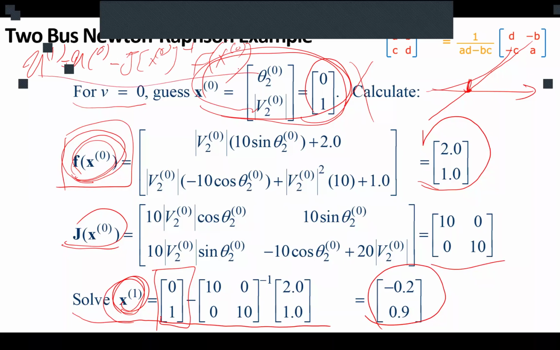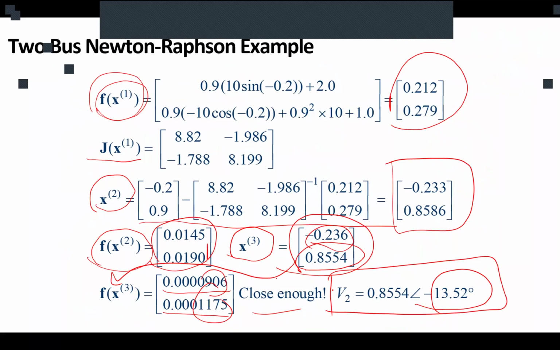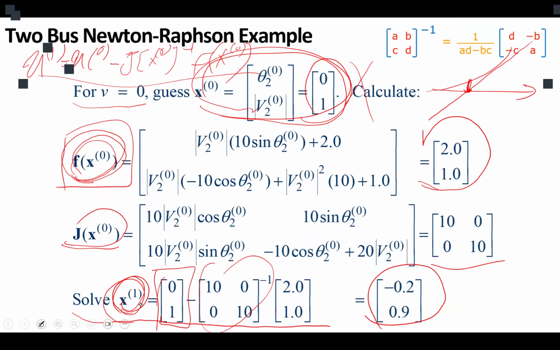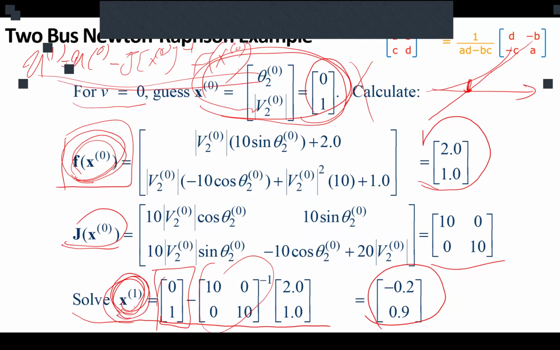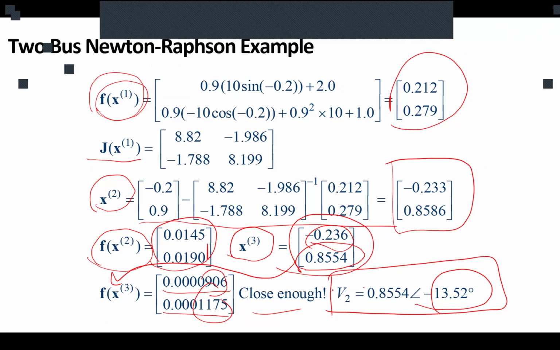This is x0. F of x is what we wanted to be 0, but is not right now. So we go to the second guess. Based on this formula, we find what our second guess should be. Based on the Newton-Raphson rule, this should be closer to our accurate solution. We put that into the evaluation and see if it satisfies the condition or not.